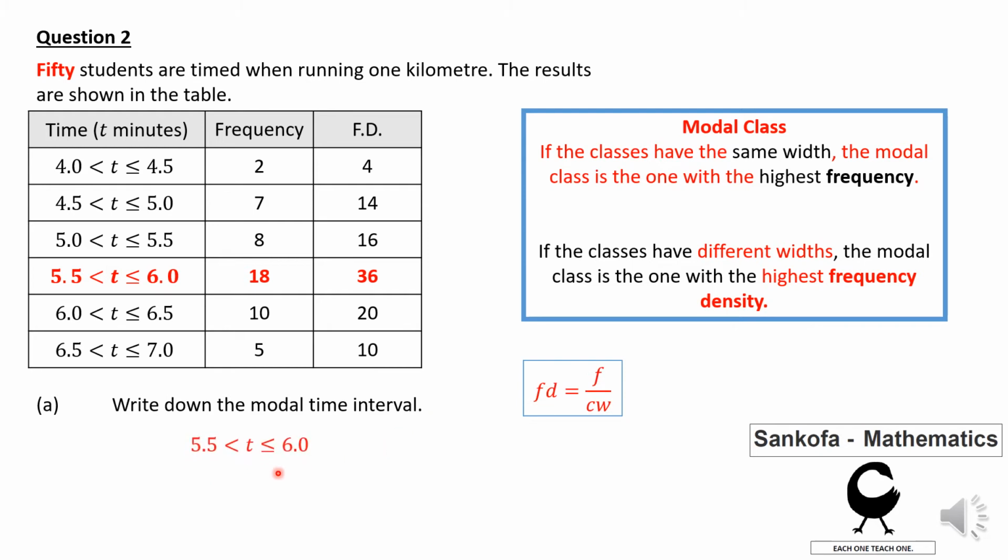In this particular case, I've indicated in red the modal time interval. It has the highest frequency density, and because the class intervals are the same, it also has the highest frequency. But the frequency density tells us where the modal time interval is.